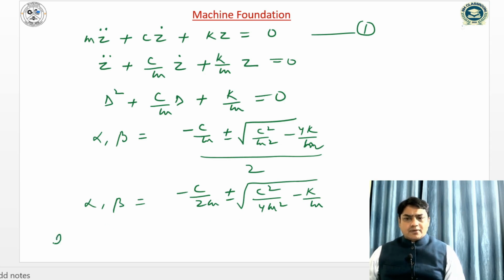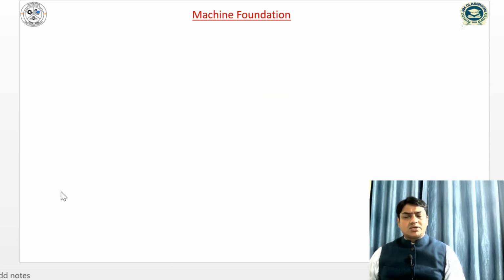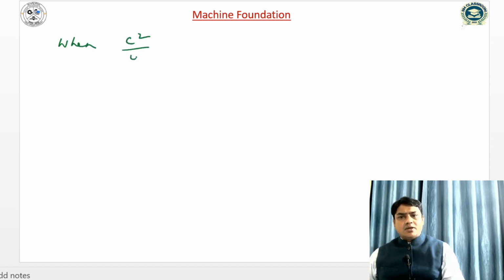So if c square by 4m square minus k by m is equal to 0, then our roots are real and equal. So this is the case of critical damping.